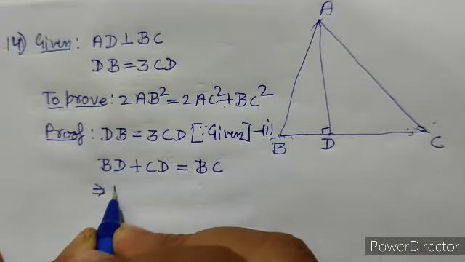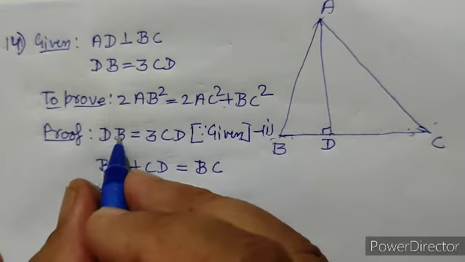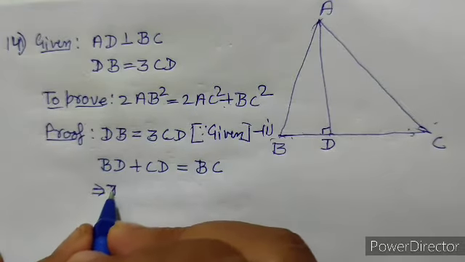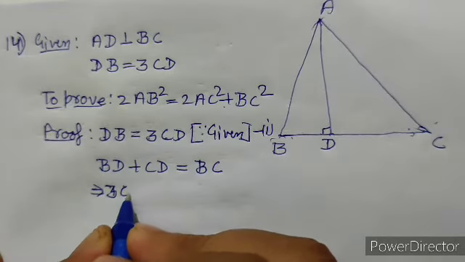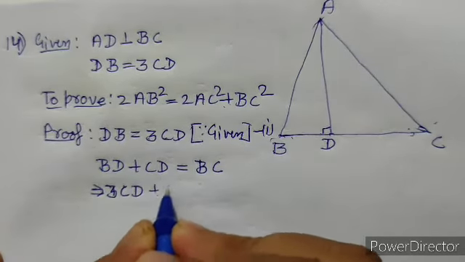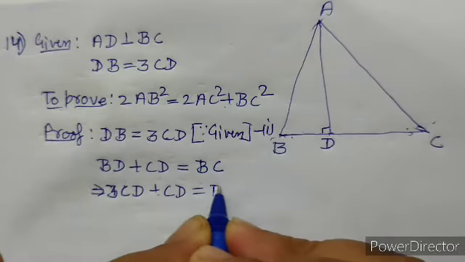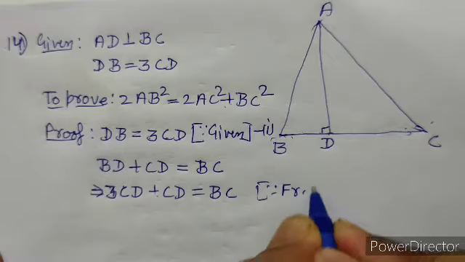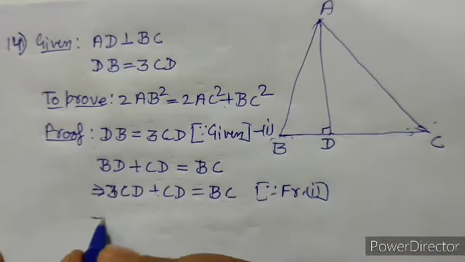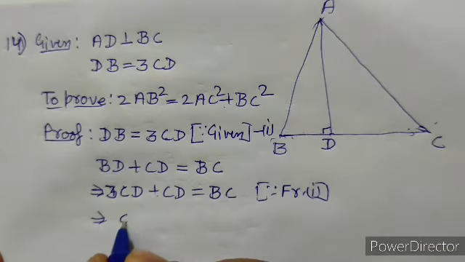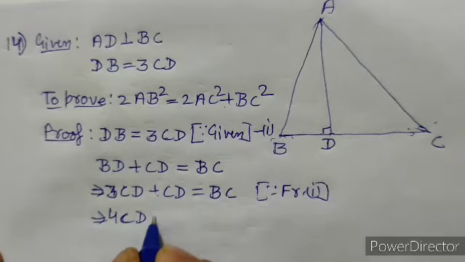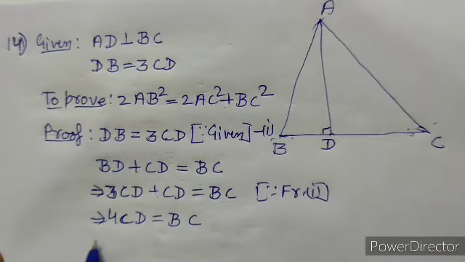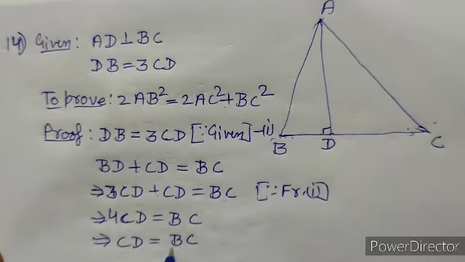Now from first we can write BD as 3CD. In place of BD we will write 3CD plus CD equal to BC from first, and this will give us 4CD equal to BC, and we can say that CD is equal to BC by 4.